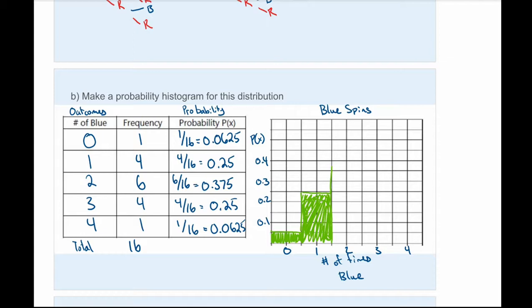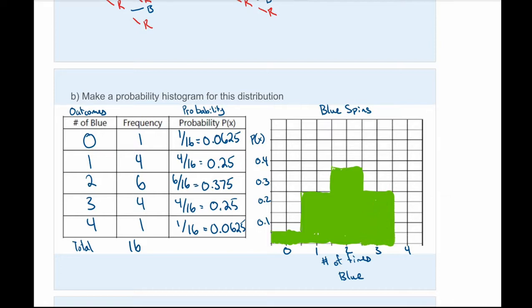So for 2, we're about here. And we can see that it kind of starts to repeat, or it does repeat, exactly on the other side. So 0.25 for 3. And just a little bit above halfway for 4. So that is what our probability distribution histogram looks like for this scenario.